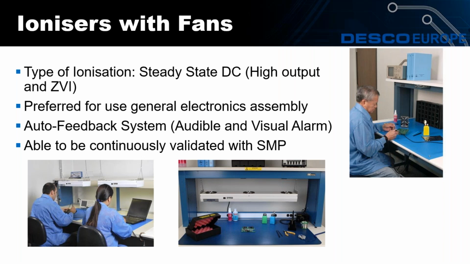So if an ionizer goes out of balance and the offset is not equal, our ionizers will give you both an audible and visual alarm. If it starts producing one polarity in greater numbers than the other, it's gone off balance and it's producing a higher offset voltage.